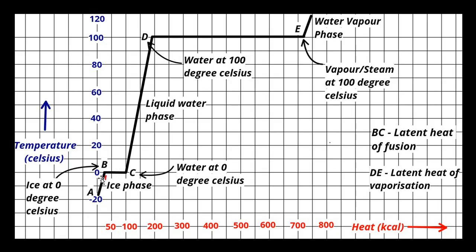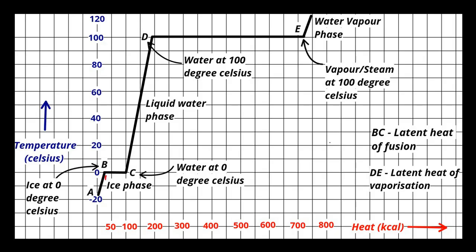As you see, at BC, even though heat is supplied, slightly below 50 up to 100, the temperature is still 0 degrees Celsius. And again at DE, even though there is an increase in heat, temperature is constant.